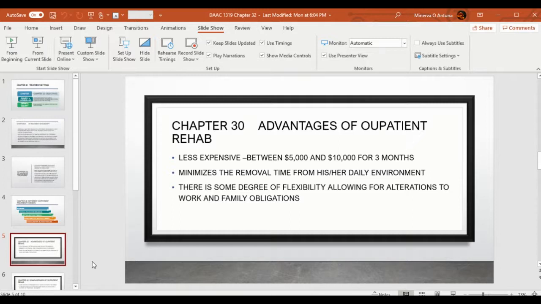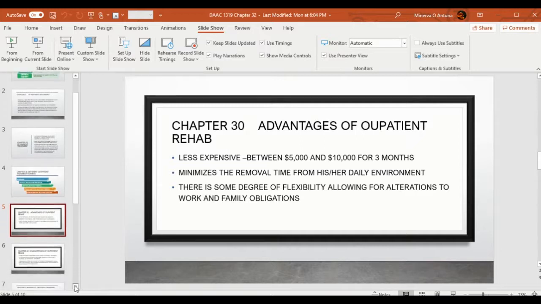So an outpatient rehab program could allow you to continue to live at home, be working with your family, stay at your job, stay at school, meet the different obligations that you're having to address during the time that you're going to treatment.